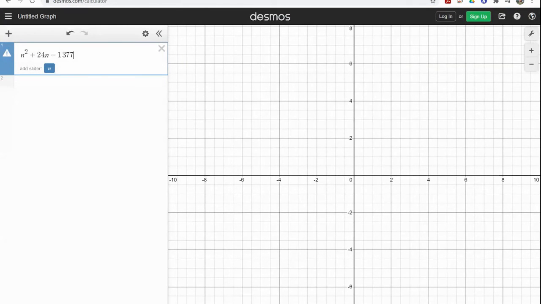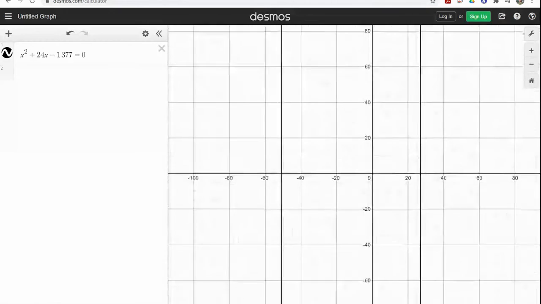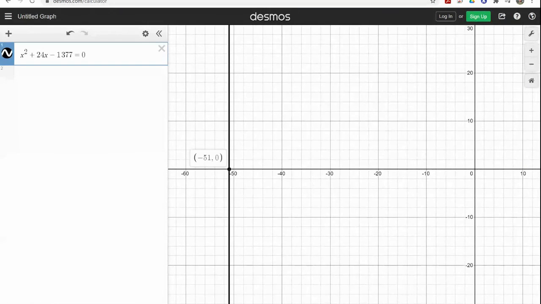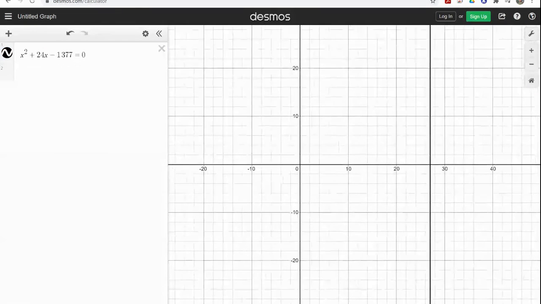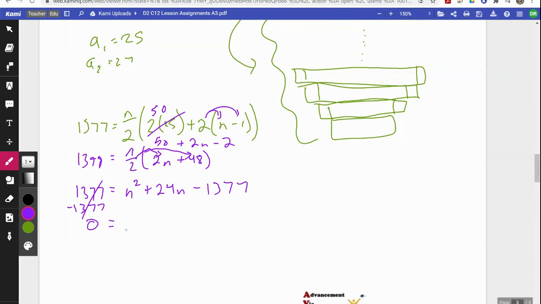Okay, and it wants me to add a slider. I'll change it to x, maybe like it better. All right, equals 0. Does it give us anything? Let's go way out. Okay, we see where it crosses the x-axis. Looks like right there, negative 51 and 27. So let's write what we have. Negative 51 equals n and 27 equals n.